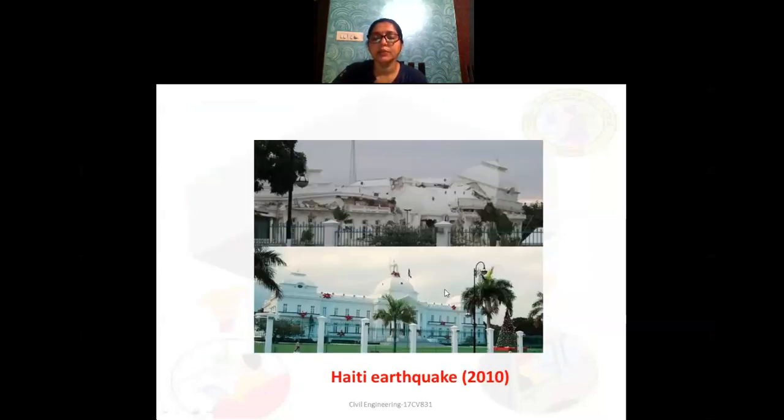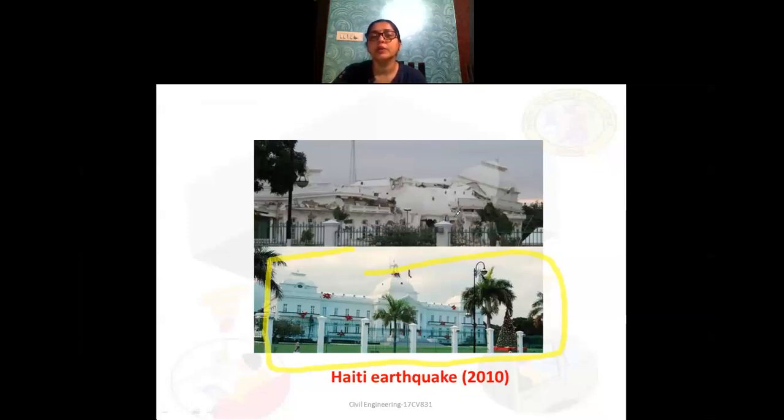This is the Haiti earthquake in the year 2010. The picture below shows the building before the earthquake. This is how the palace looked before the earthquake.